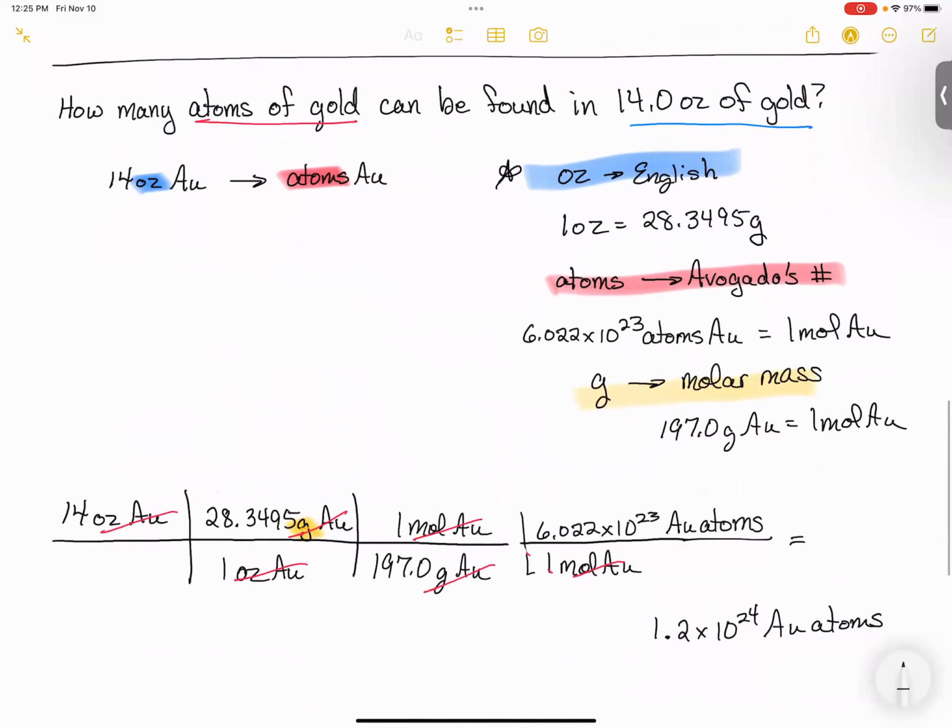I'm paying attention to what I need and figuring out where it's located. In this one, yes, I was missing one because I didn't have a second conversion factor that had grams in it. So I had to come up with something, but you're the ones that told me what that needed to be. When I have grams, I've got to have the molar mass somewhere.